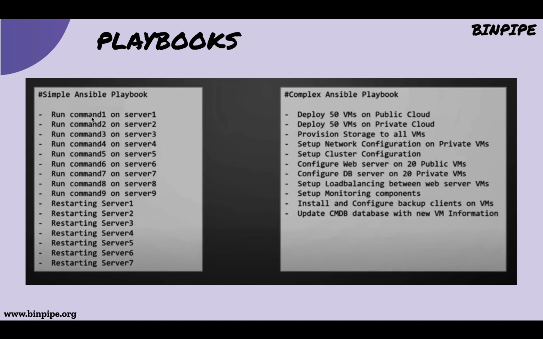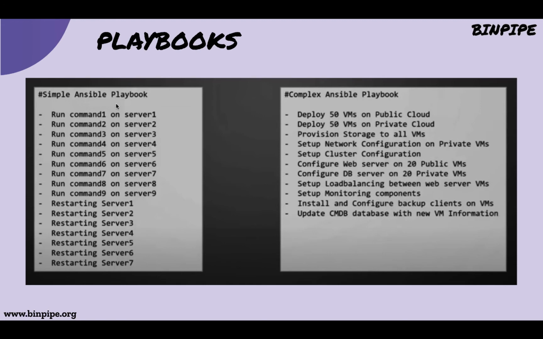So it's just run this command on this server, run command 2 on server 2, run command 3 on server 3, and so on. And you can directly write commands for restarting servers and so on. This playbook would simply execute the commands it has been asked to execute.